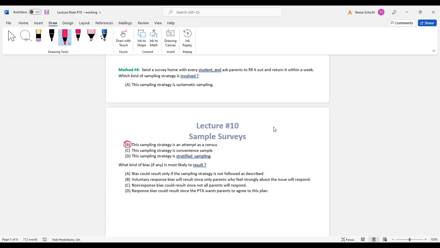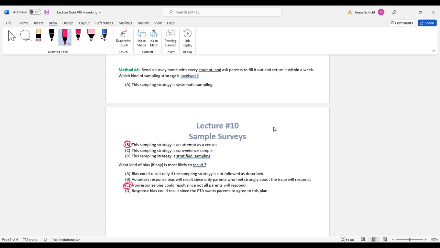Then, what type of bias could happen here, because you let the student take the survey home? It could be non-response bias. Not all the parents will respond. There could be a couple of reasons.